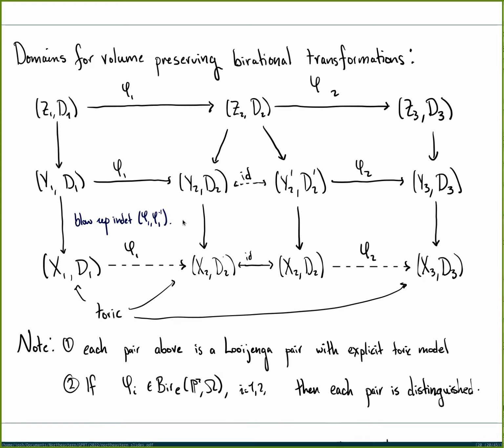And moreover, if your phi is in this distinguished subgroup, then each pair is distinguished among its complex deformations. I haven't told you what that means yet, but you should imagine that I've gotten rid of the moduli in this group by taking the subgroup, and so I've also gotten rid of the moduli in my log Poincare surfaces.